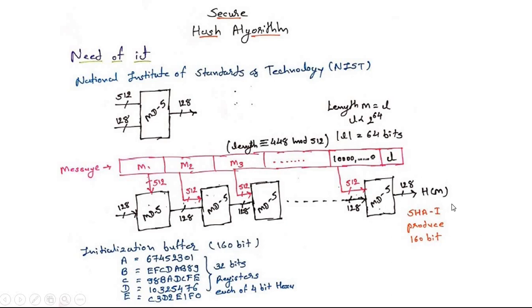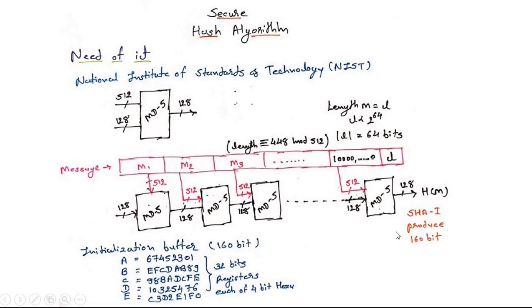But we require a 160-bit output in place of 128-bit. So that's why we are going to use the secure hash algorithm, SHA. That is the actual need of SHA. Why? Because in earlier cases we used MD4 and MD5, which produce a 128-bit output, and we require a 160-bit output.